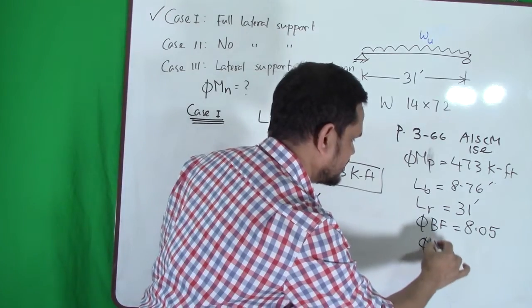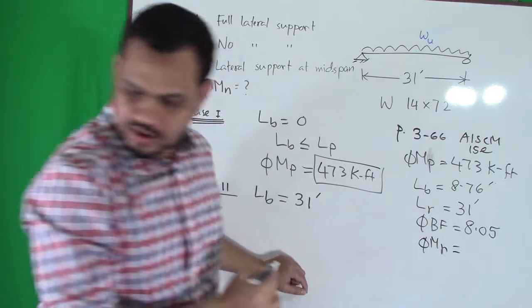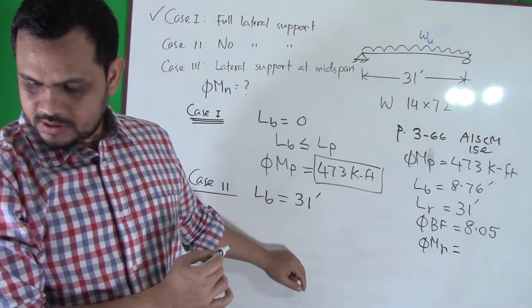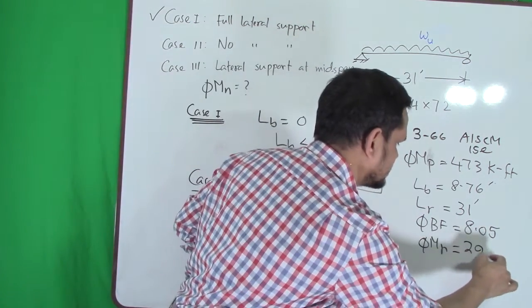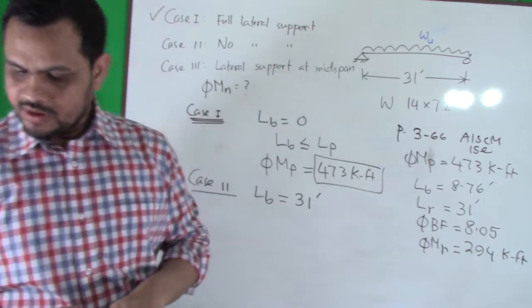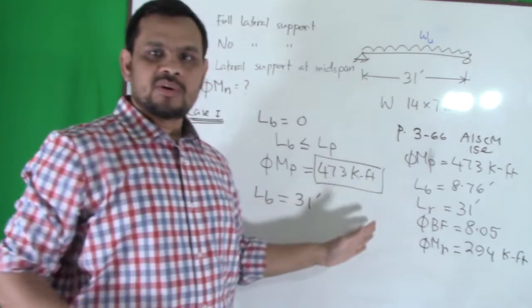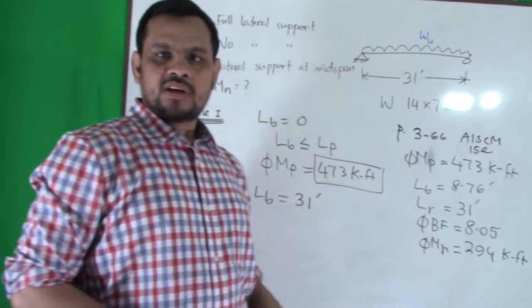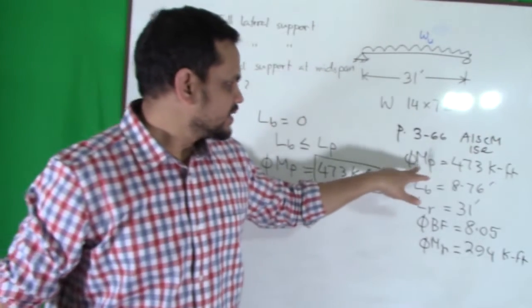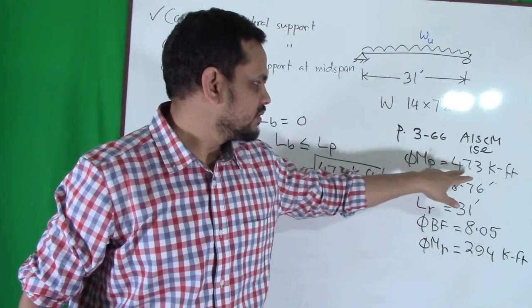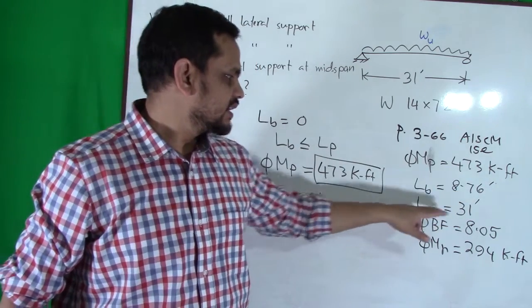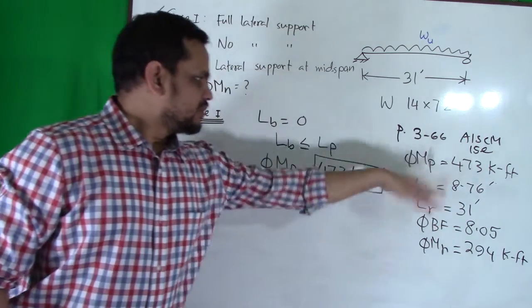Then we found phi MR is 294. Yes, we grabbed all the values from the AISC manual, whatever we need. Hopefully you can see. So phi MP is 473 kip-feet, LP 8.76 feet, LR 31. Okay, we got these values.